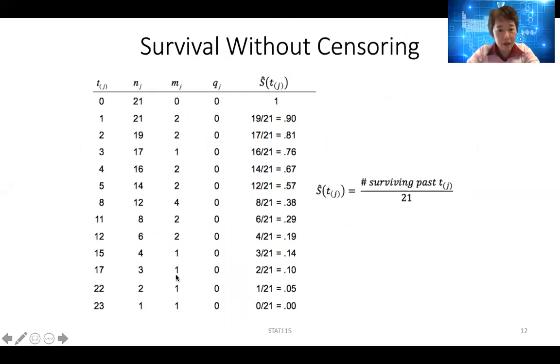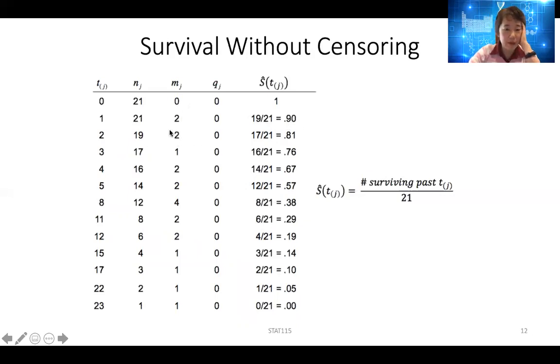And this is the event. This event could be a death event, right? So on day 0, you have 21 patients going into the trial. At the first time point, 2 patients died. And you can calculate, 19 divided by 21, this is 90%.